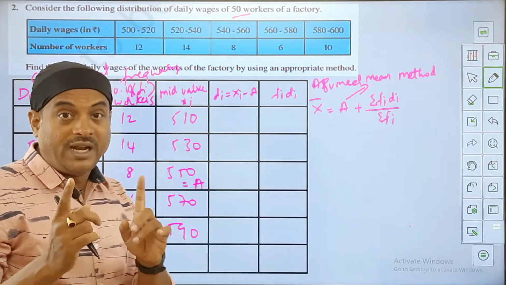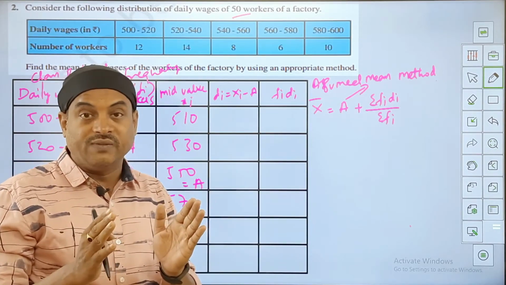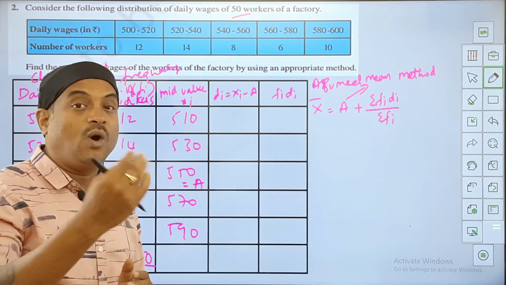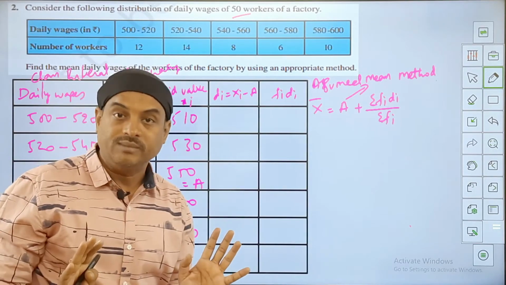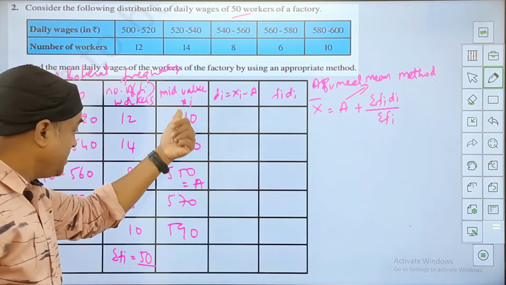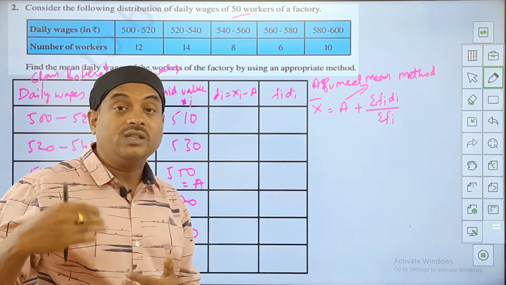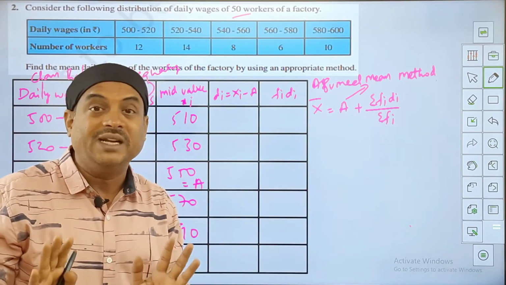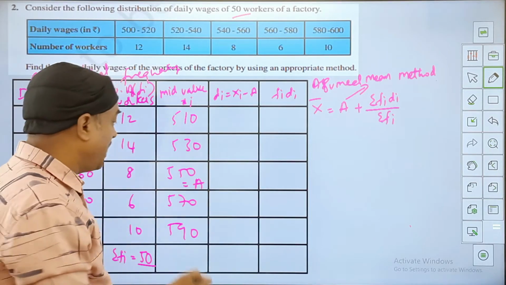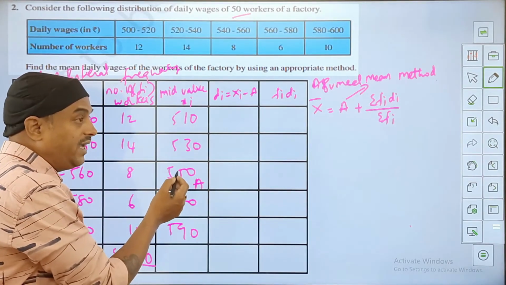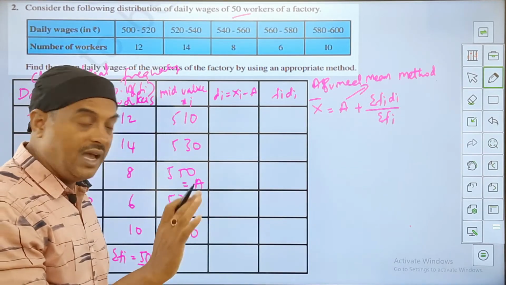If there are 6 values given, then either you take the third one or the fourth one as assumed mean. It doesn't make any difference to you. Okay, all of you? So right now, exactly the middle one. Try to take the middle one as assumed mean as much as possible.